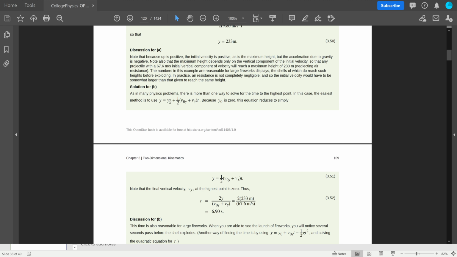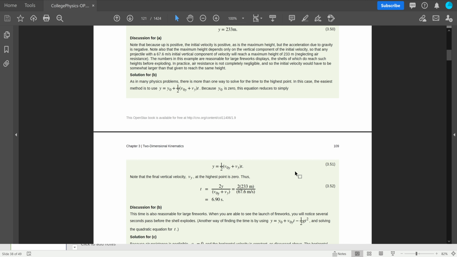So we're going to use y equals y initial plus 1/2 our initial velocity in the y plus our velocity at that point, times time. Okay. So we know that our velocity y at the highest peak is 0, because like we mentioned earlier, it stops at that point. So we know that this is already 0.